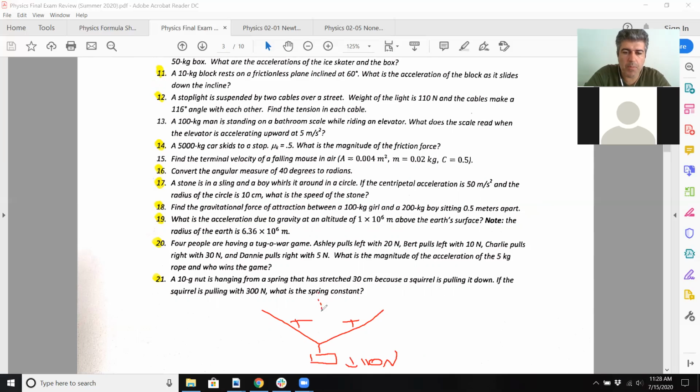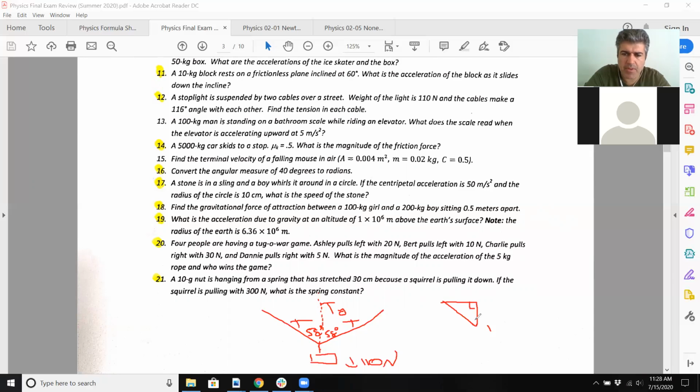And we could probably split this down the middle. If it's 116, these are each 58 degrees. And you're going to have tension in the y direction. What else do we know?